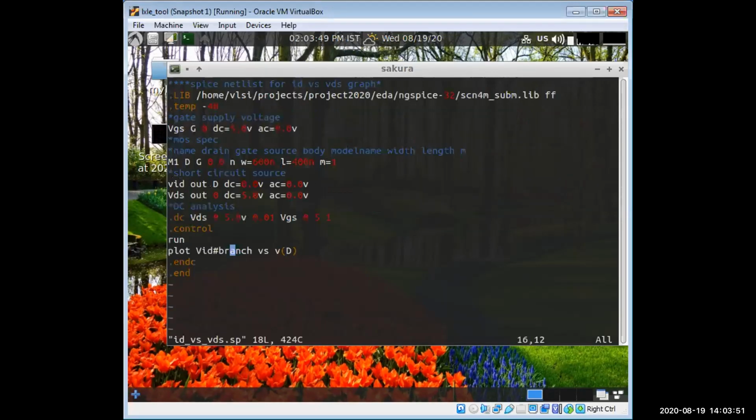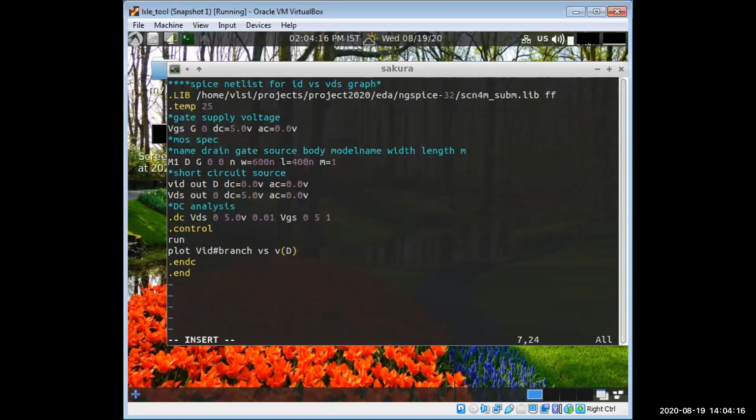So let's go again. So we wrote the title, they specified the .lib from which we will be getting model information. Then the temperature 25. Then the gate supply voltage, which is VGS, then gate terminal, then ground, and then DC and AC value.